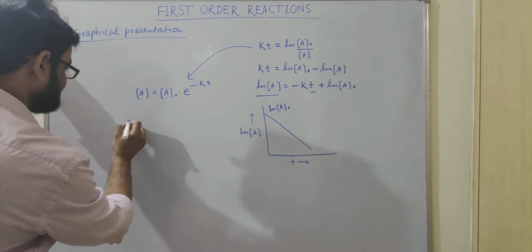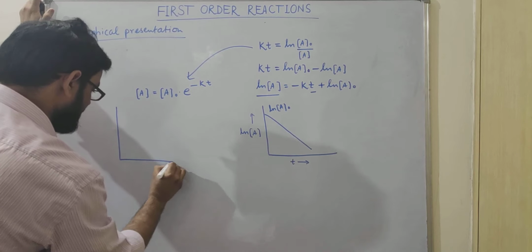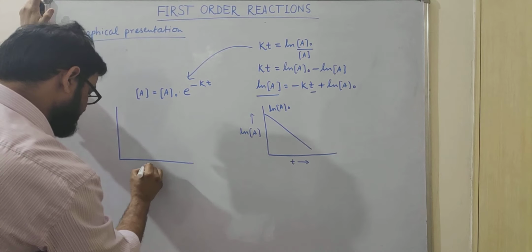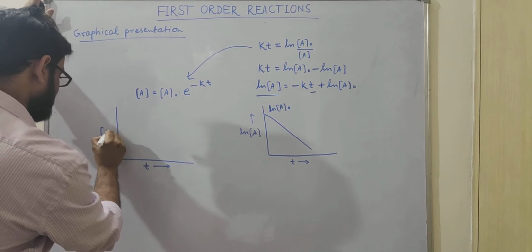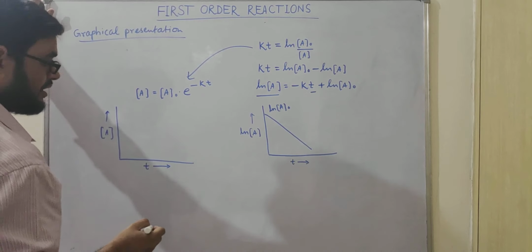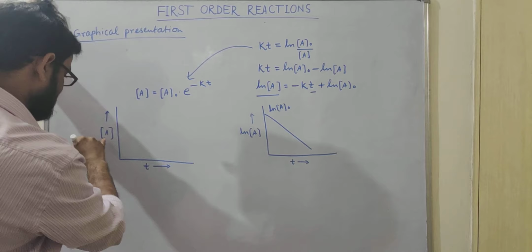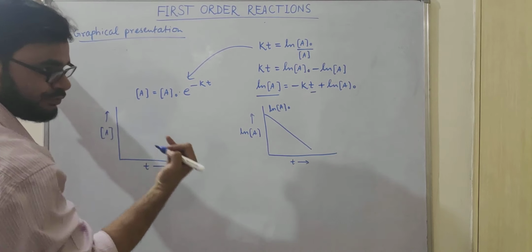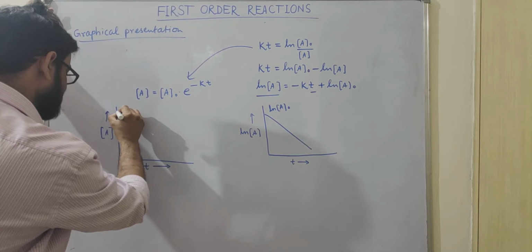So if we plot A against t, we will see that the value of A will decrease exponentially with the increasing time like this.